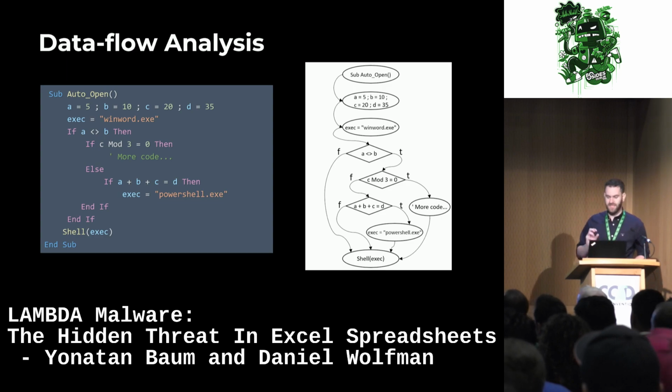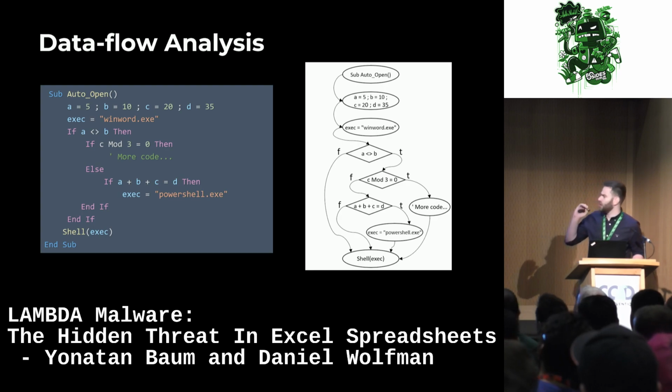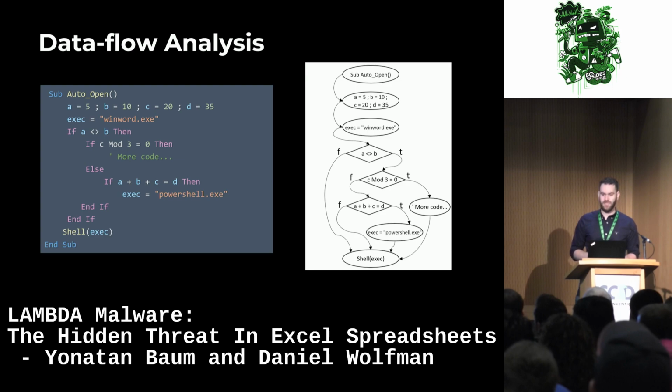Rather than looking at the code as a bunch of lines, it converts it into a graph, a control flow graph, in which each node contains a different instruction of the code. Once the code is converted into the graph, the engine examines it, looking for any possibly suspicious functions, in particular the shell function, which can execute binaries.